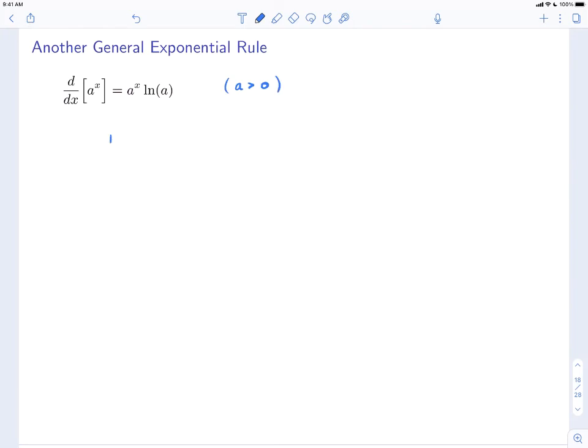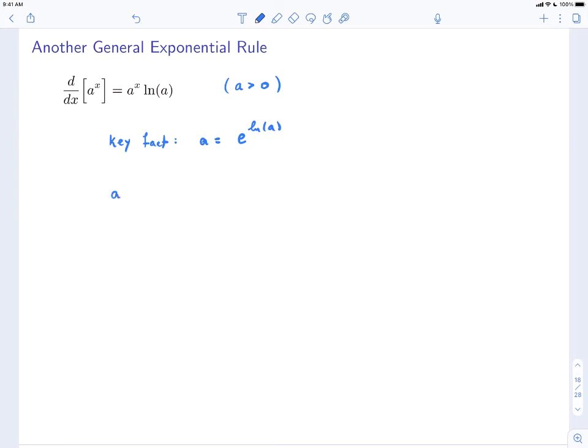So here's the key fact. a is equal to e to the ln of a. We know that this is true because e is the inverse of ln, so they cancel each other. This is just the cancellation laws telling us that e to the ln of a gives us a. So how are we going to use this fact?